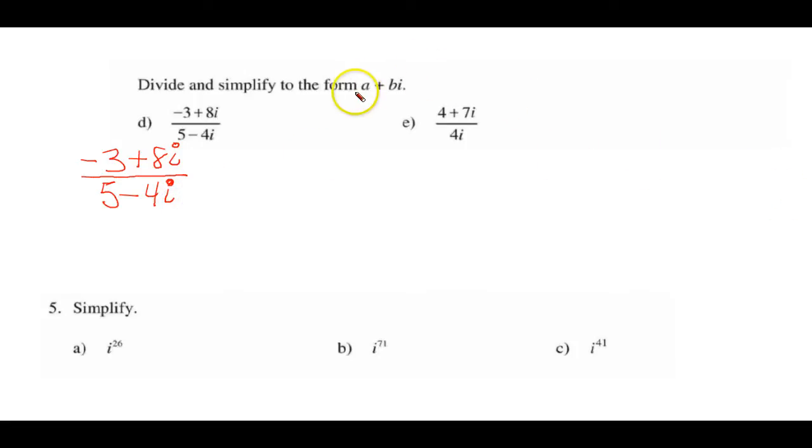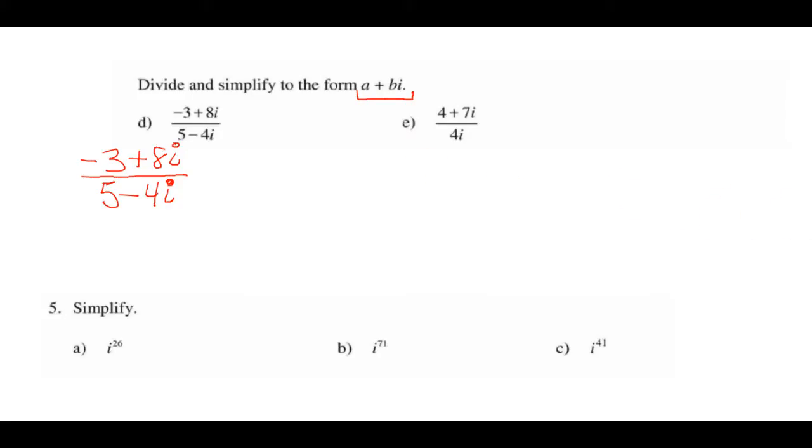Now, they want our answers in standard form of complex numbers. And in standard form of complex numbers, you never have an imaginary number in the denominator. So we're looking for a technique to get rid of that imaginary number in the denominator.